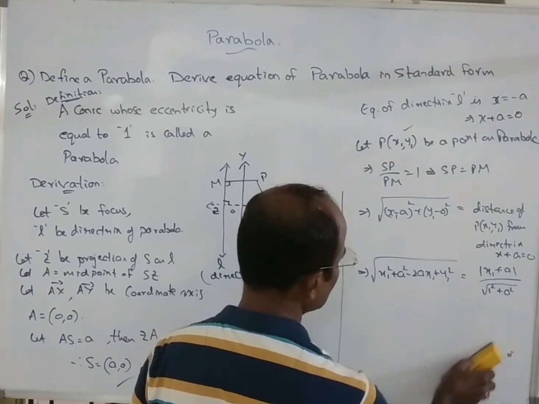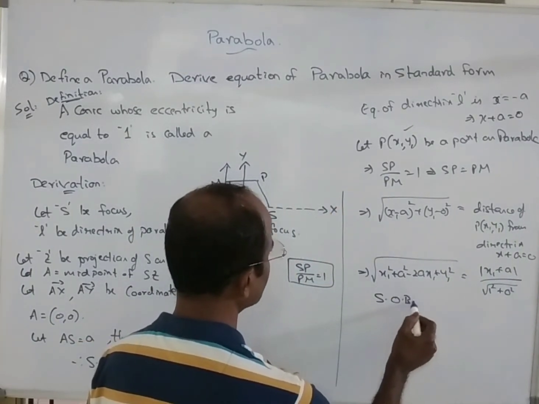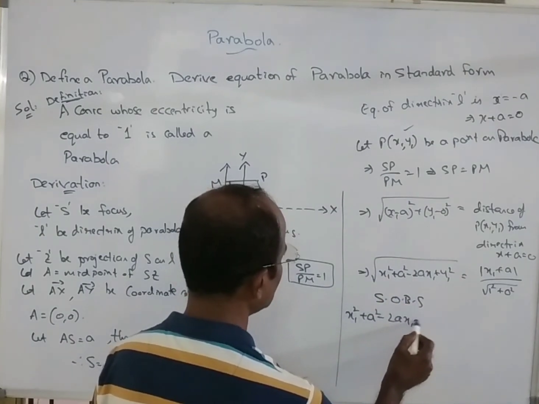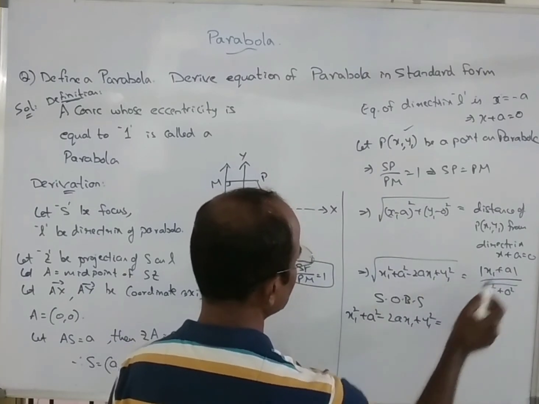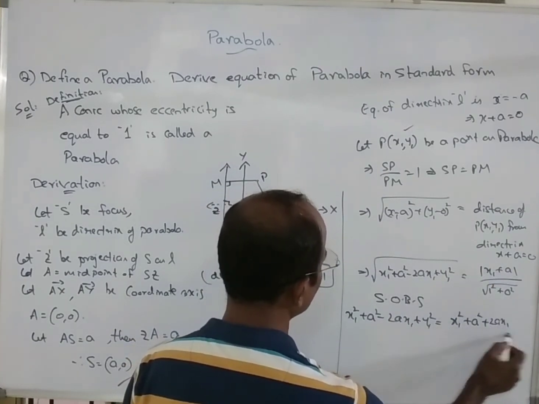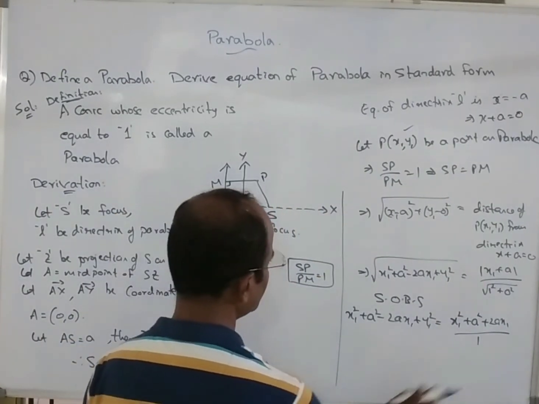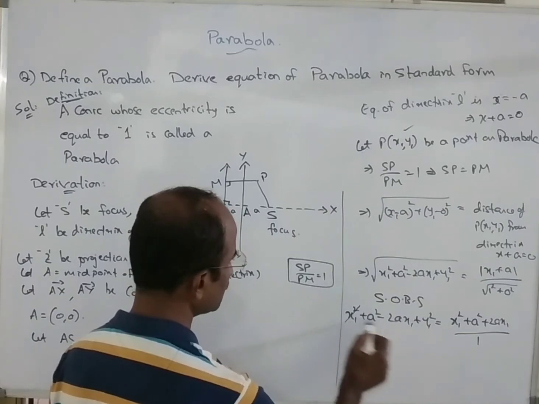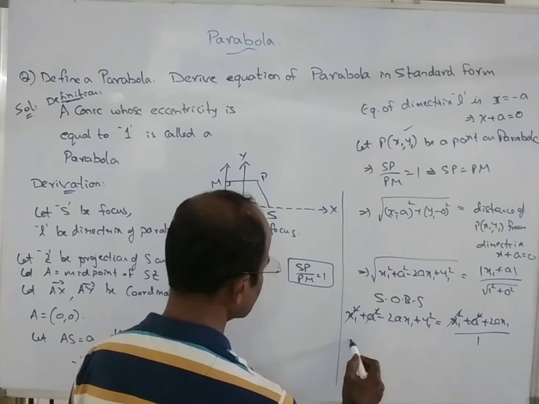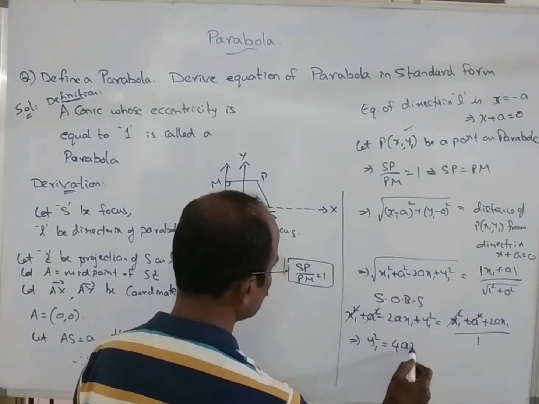Now let us square on both sides. This becomes x1 square plus a square minus 2ax1 plus y1 square equal to (x1 plus a) whole square, meaning x1 square plus a square plus 2ax1. Now see the like terms: x1 square cancels, a square cancels, and taking 2ax1 to that side, we have y1 square equal to 2ax1 plus 2ax1, which is 4ax1.